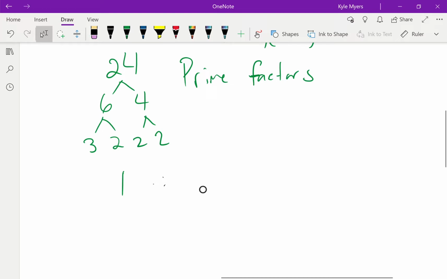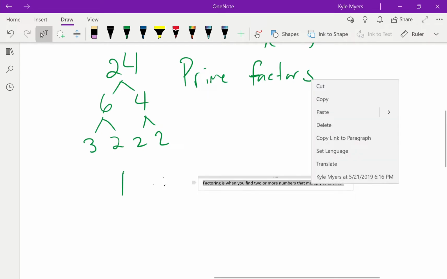There we go. So factoring is when you find 2 or more numbers that multiply to another. All right, so this would be the technical definition here.